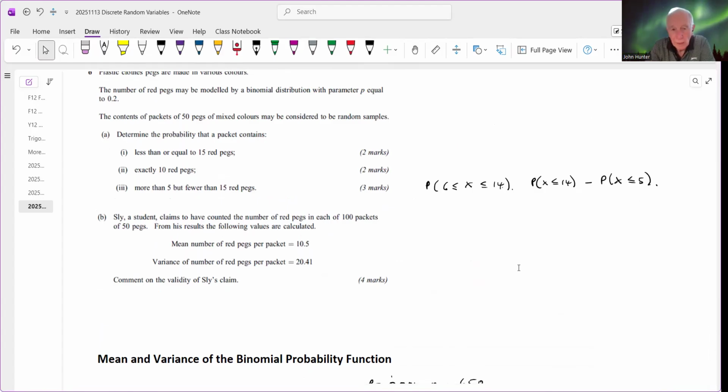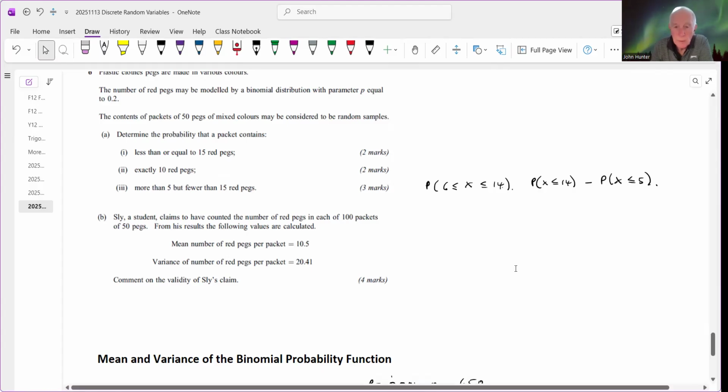Now he's calculated it from having counted them. In 50 pegs we would expect 10. He's found 10.5. So his calculation based on an experiment is actually quite a good estimate.